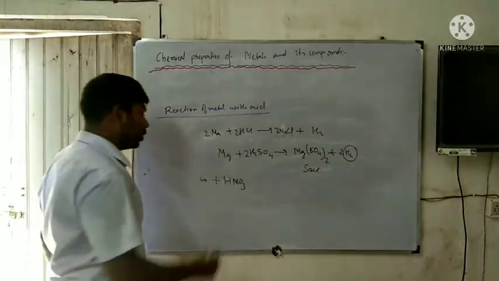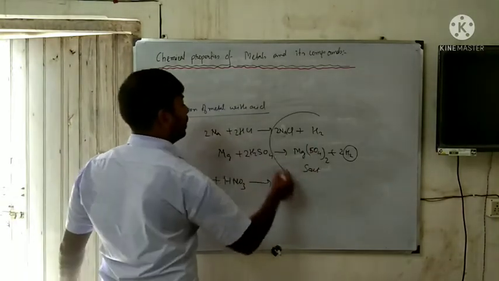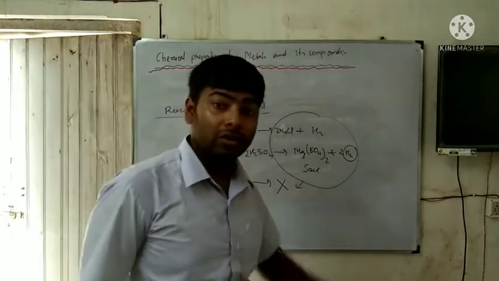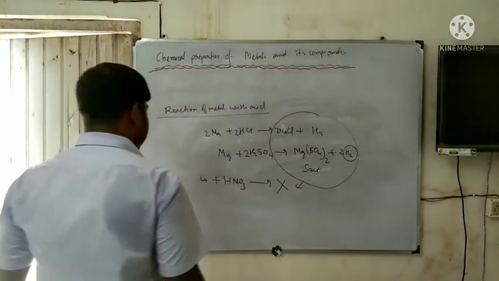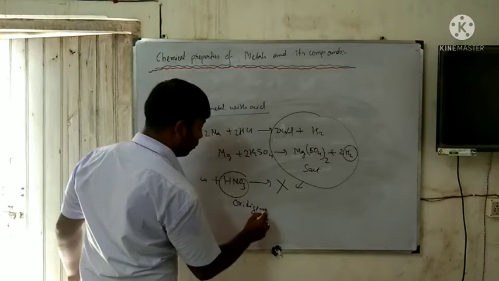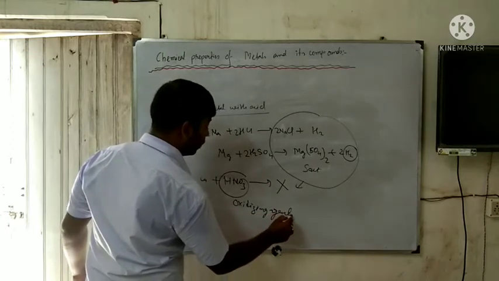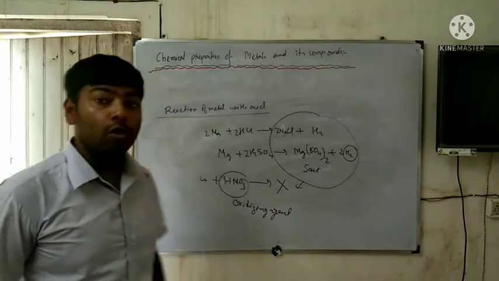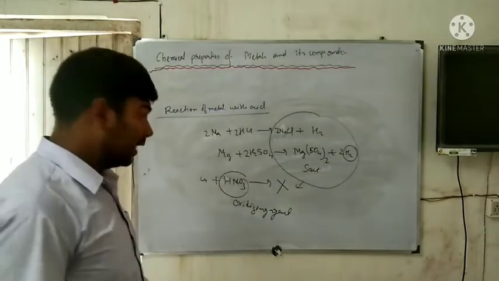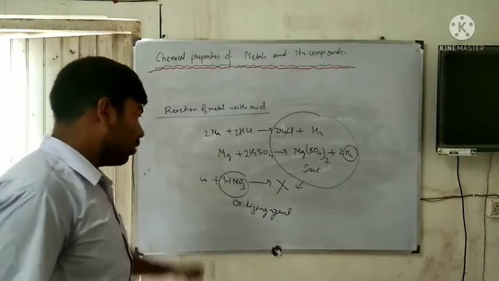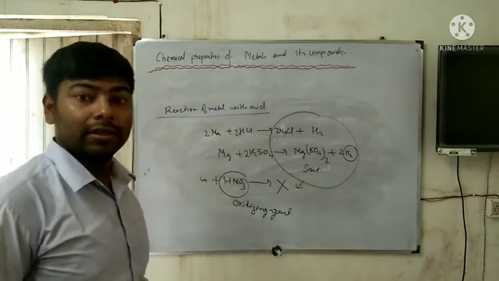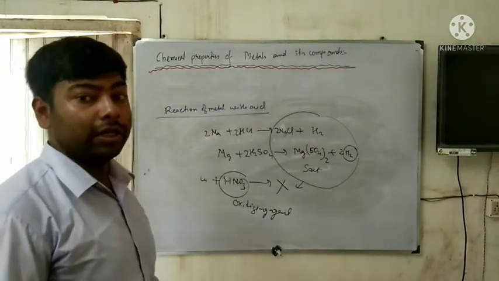Okay. But actually we are not getting that type of chemical reaction here, because it is not producing any kind of salt and hydrogen. The reason is that this is a very good oxidizing agent, and it oxidizes the HNO3 and the copper, to form water, not hydrogen gas.